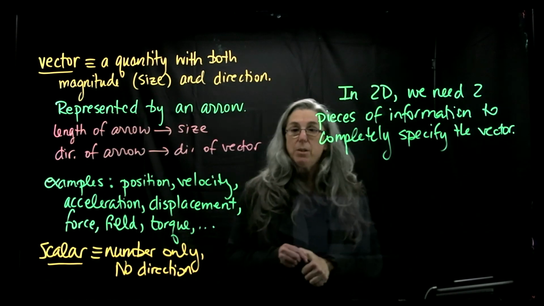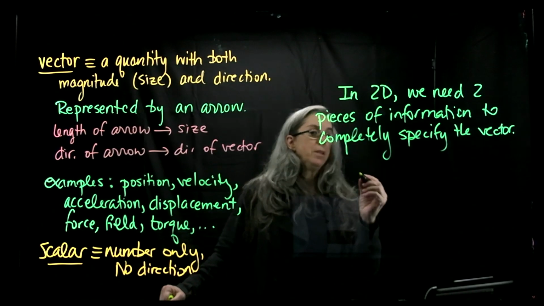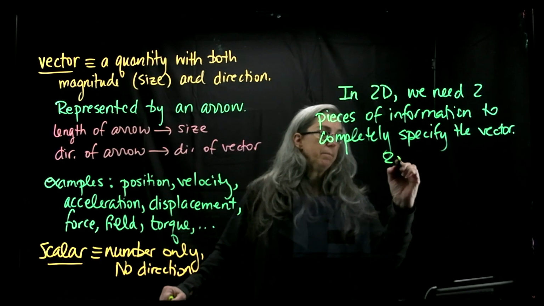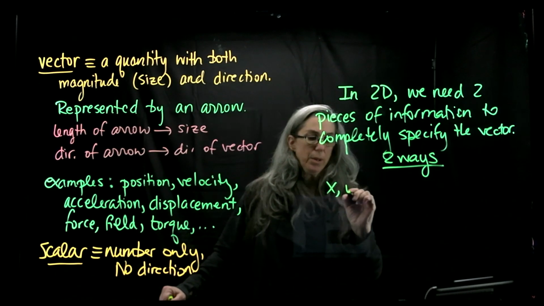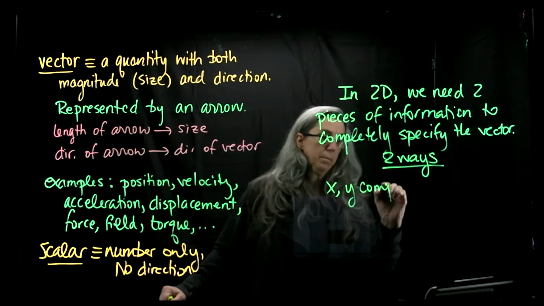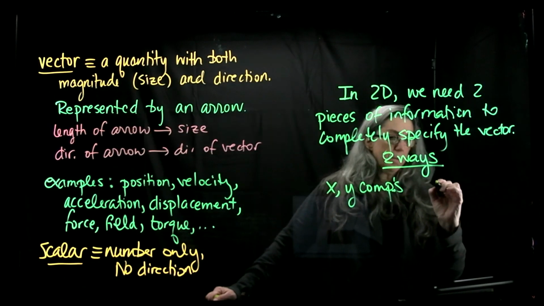There are different ways to do that, and I'm going to talk about two main ones right now: you could do the x and y components, or you can do the magnitude and direction.